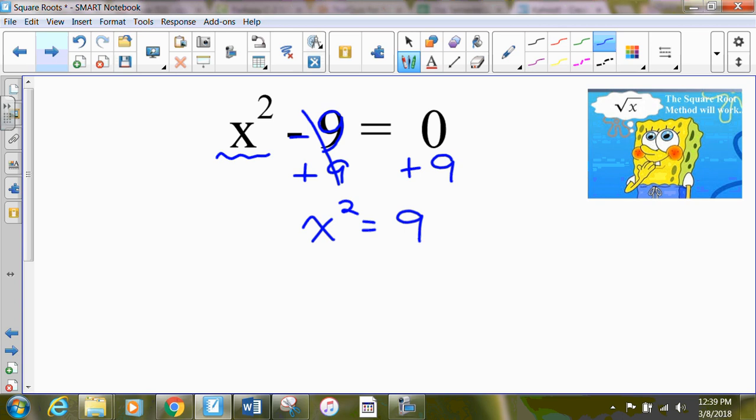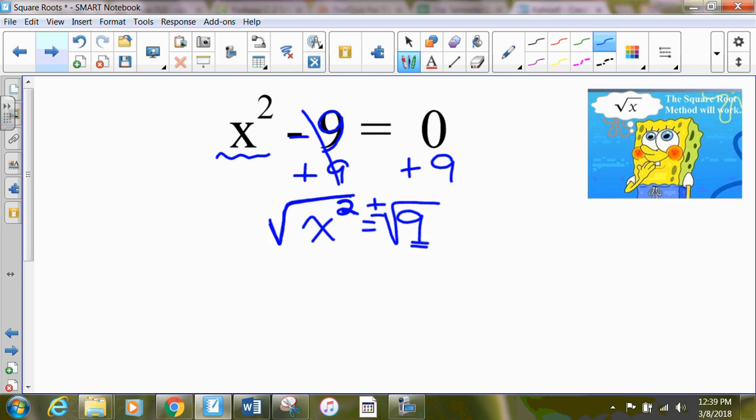Now it looks just like the first problem, right? I've got x squared. I want to solve for x, so to get rid of the square, I do the opposite. Take the square root of both sides, and I'm like, oh, wait a minute. Whenever I take the square root of both sides of an equation, I have to put a plus or minus in front of the square root that has the number. So the square and the square root are opposite of each other.